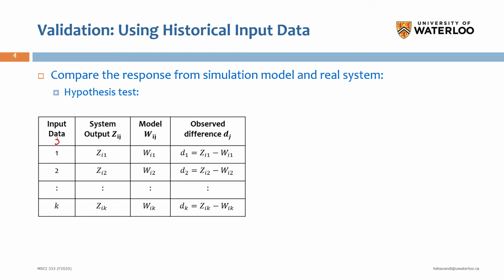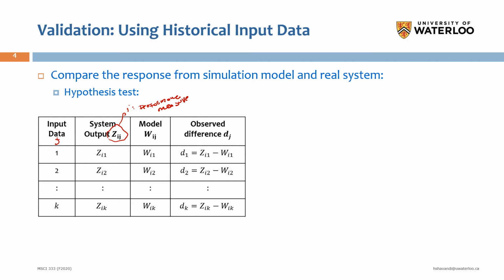So here we have input data. Let's show this by j. So j goes from 1 to K. So we have K input data. And the system output Zij, i here is for a performance measure, right? Let's say we have several performance measures like waiting time, the number of customers in the system, and so on.